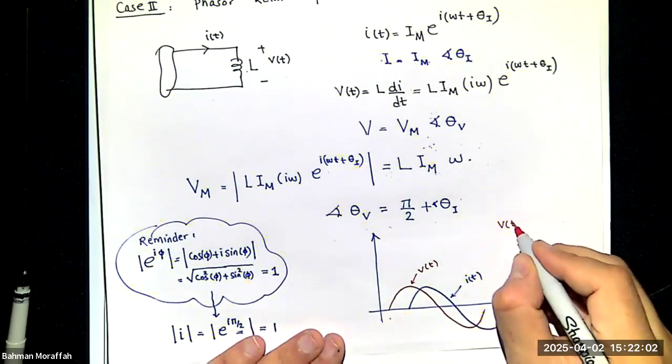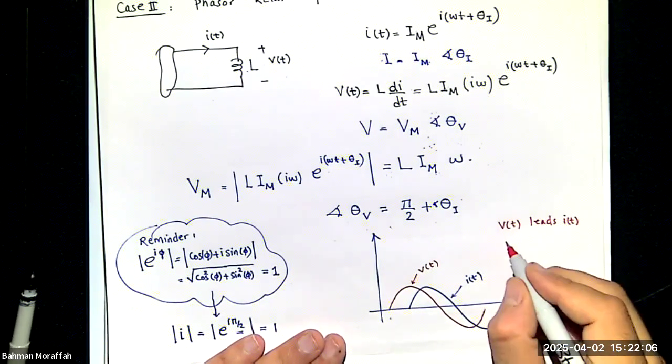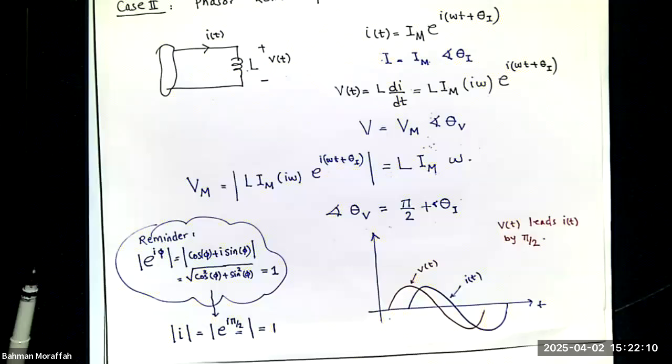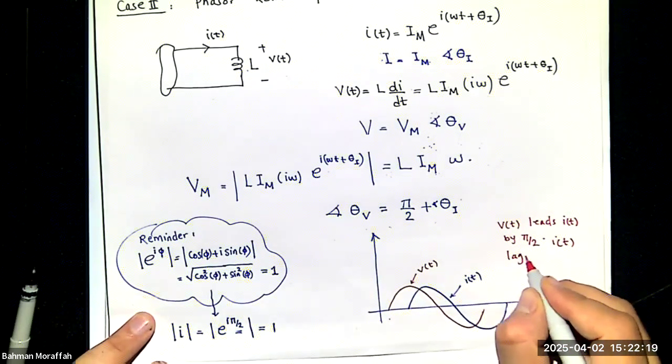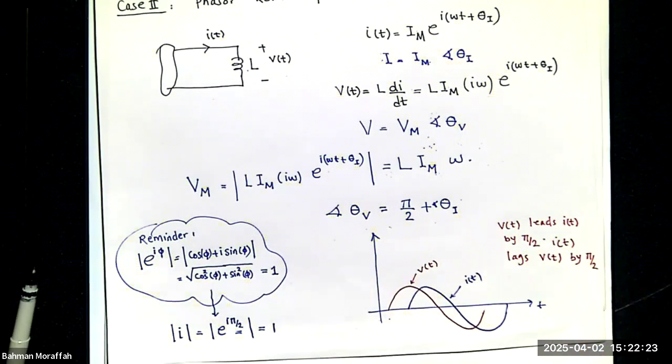So v(t) leads i(t) by pi over 2. If v(t) is leading i(t), it means i(t) is lagging v(t). So another way of saying it is that i(t) lags v(t) by pi over 2, right?